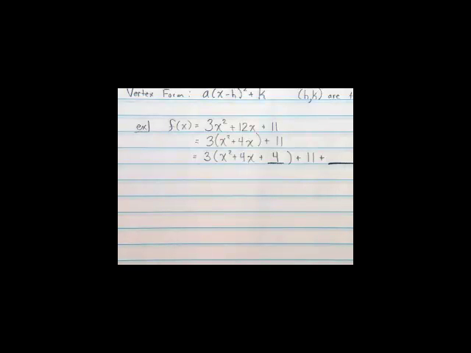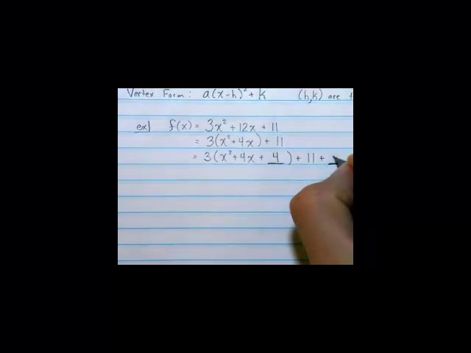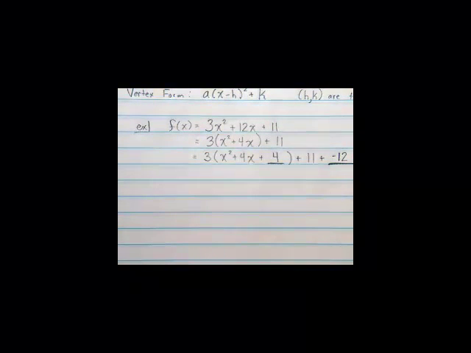I actually added a 12 because it's 3 times 4 if I were to distribute that 3 back through there. So to offset this thing that I did here, I have to subtract a 12 or add a negative 12, however you want to look at it. So, yeah, that's got to go there.